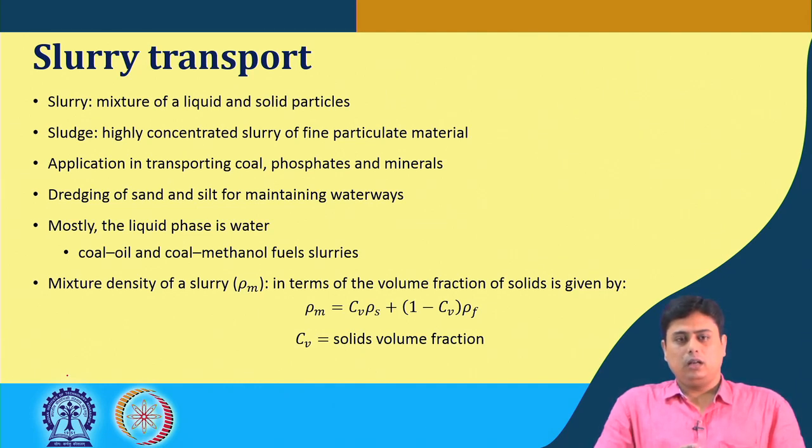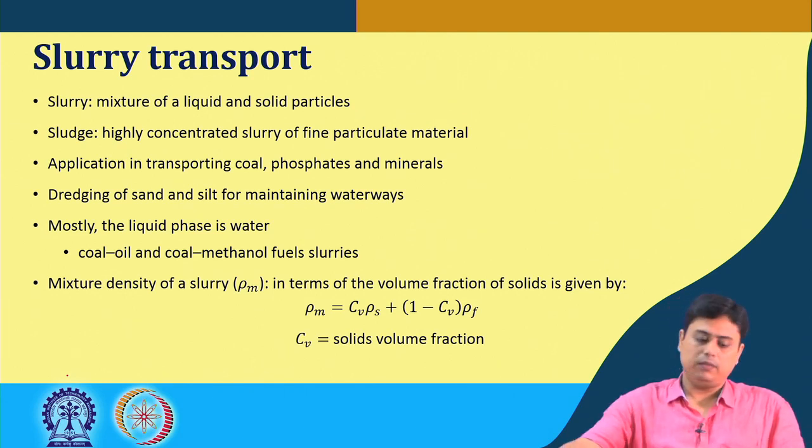And in order to calculate or estimate the pressure drop when it flows through a pipe, we need one common and vital parameter, that is the density of the slurry. Now, this density can be obtained in a couple of forms. Typically it is used as the slurry or the mixture density, which is calculated in terms of the volume fraction of the solids.